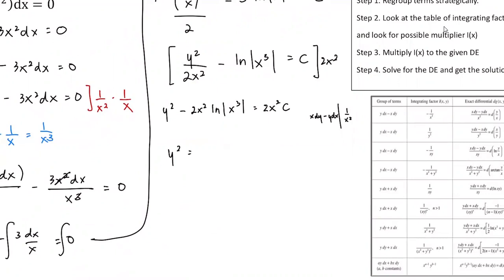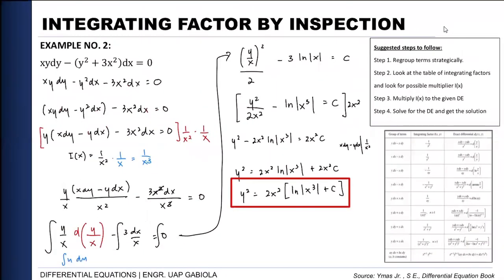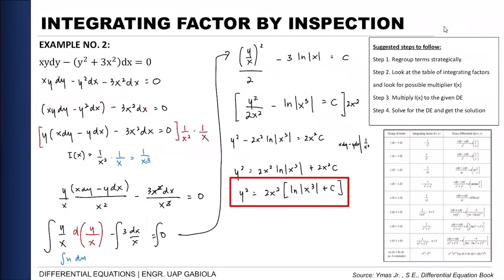So yung second term, we have 2x squared ln of x cubed plus 2x squared c, or y squared is equals to 2x squared multiplied by ln of x cubed plus c. Okay, so I like this better. So this will be our final answer. Okay, so that is our solution for this given differential equation.